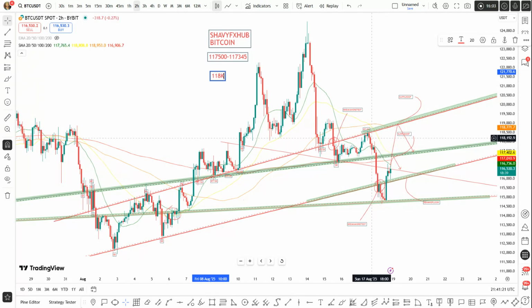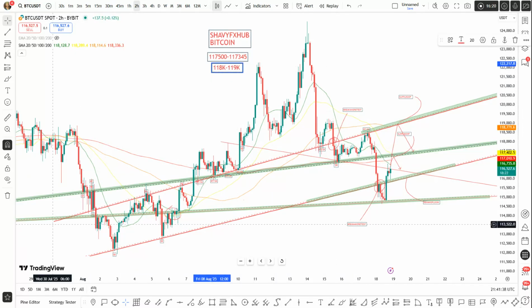Look for sell opportunity into 119K. So the SMA is already bearing me witness that this ascending trend line is valid.